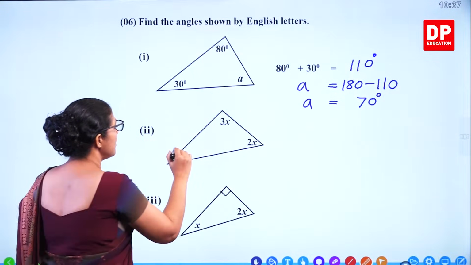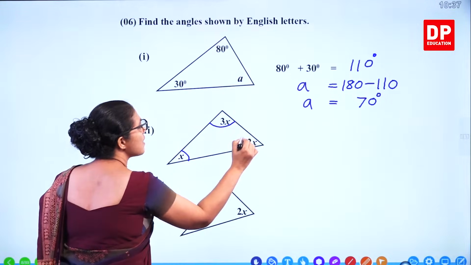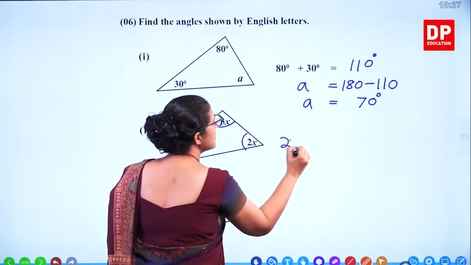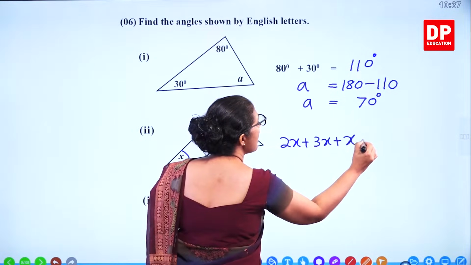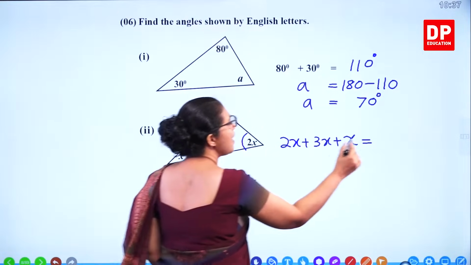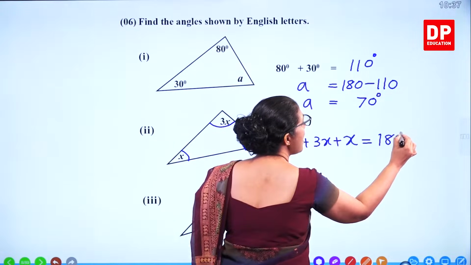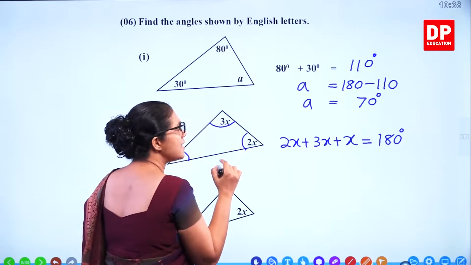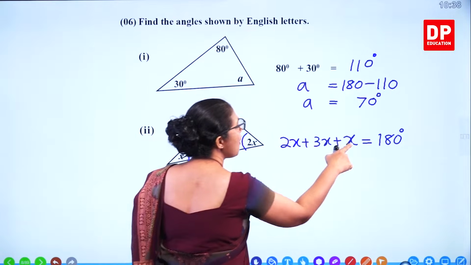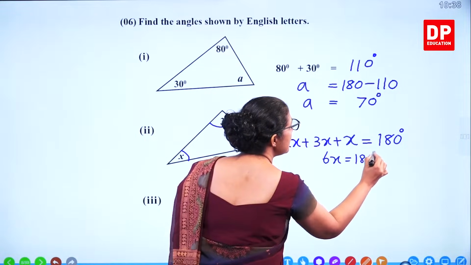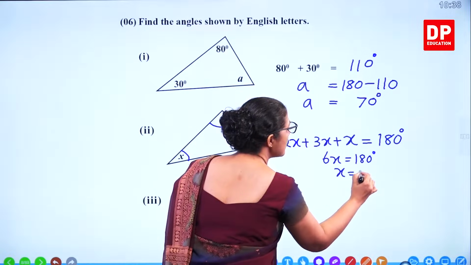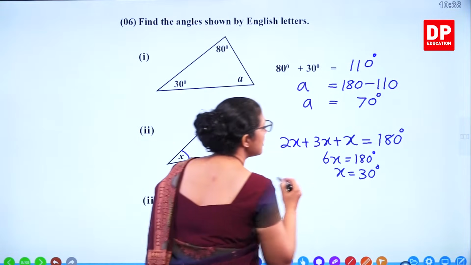This one, three angles are 2x, 3x and x. When you add the three angles, you get 180. Sum of interior angles of a triangle is 180. 3 plus 2, 5. 5 plus 1, 6x equals 180. That means divide by 6. You get x equals 30 degrees.